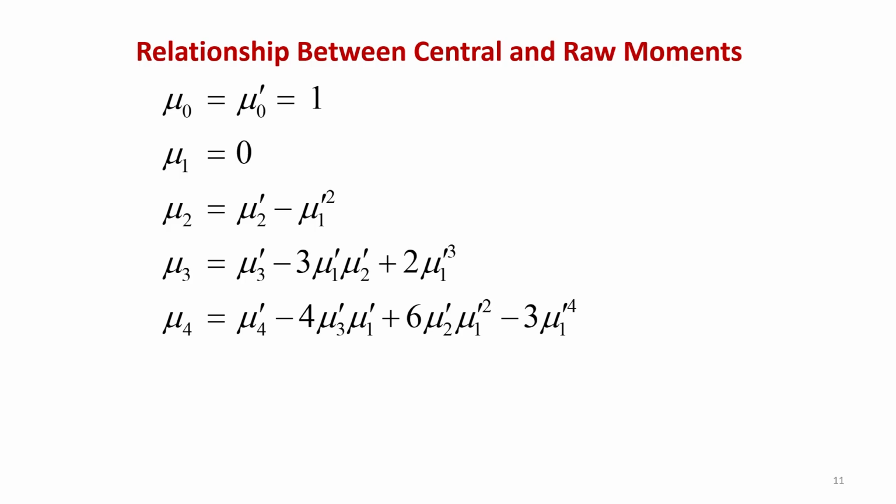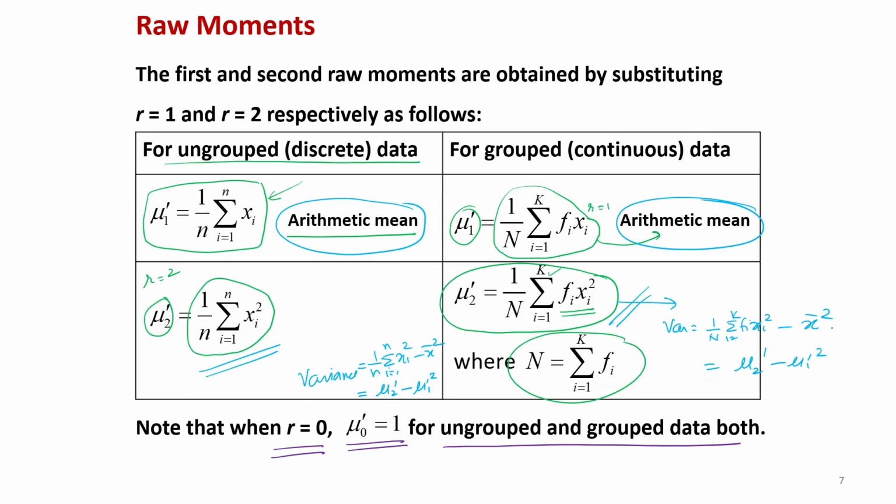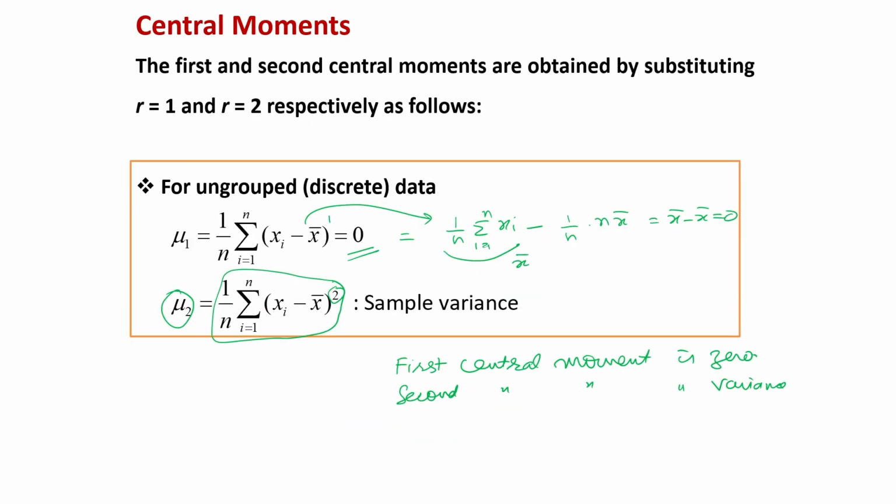Now, let me find the relationship between the central and raw moments. One relationship I already showed you. I can show you once again that mu 2 can be written as 1 upon n summation x_i square minus x bar square, an algebra I showed you earlier.